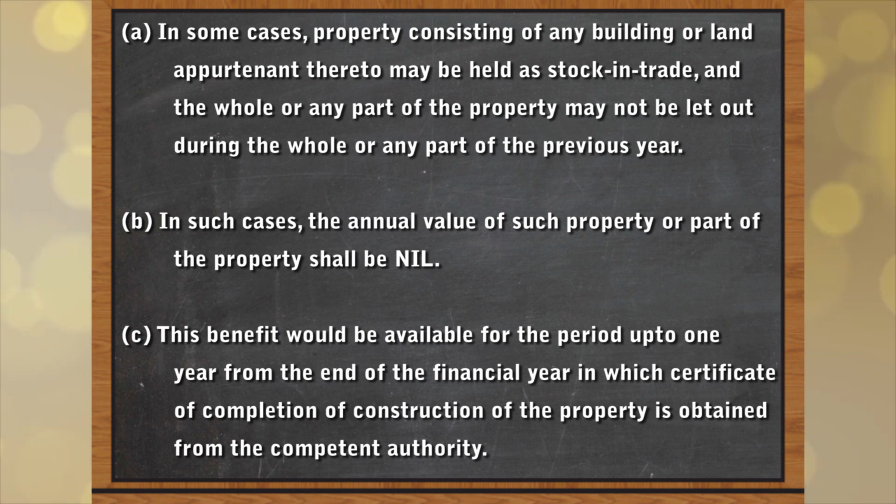In such cases, the annual value of such property or part of the property shall be taken as nil. The benefit would be available for the period up to 1 year from the end of the financial year in which certificate of completion of construction of the property is obtained from the competent authority. This is the case of property held as stock in trade.